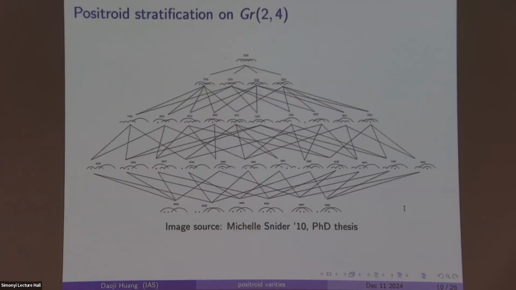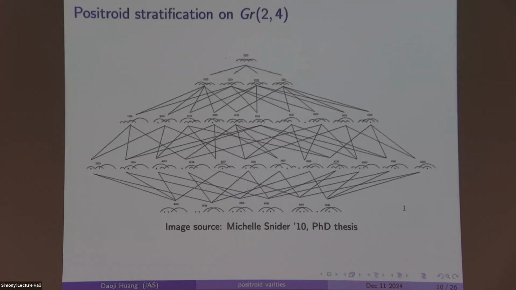This is what the stratification looks like for the Grassmannian Gr(2,4). The picture is stolen from my academic older sister Michelle Snyder's thesis. People have studied positroid varieties.